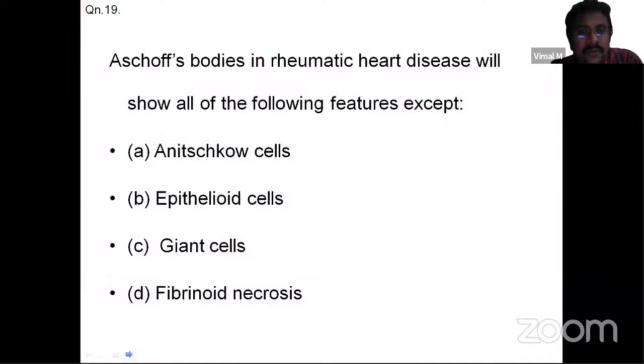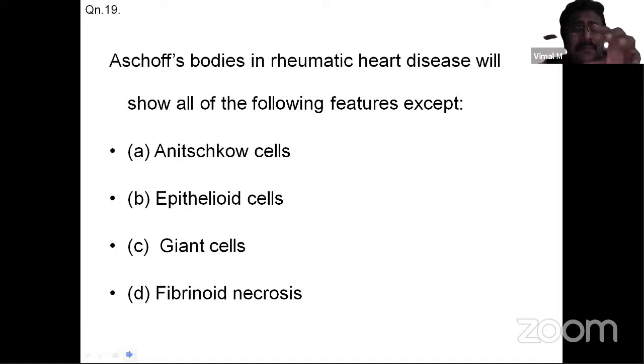So all of you will be knowing that we are dealing with rheumatic heart disease. What happens in rheumatic heart disease? The pathogenesis is molecular mimicry, which is the pathogenesis of an autoimmune disorder.